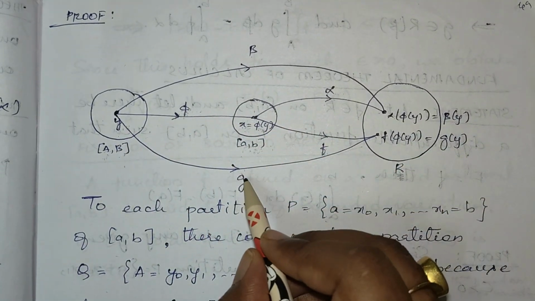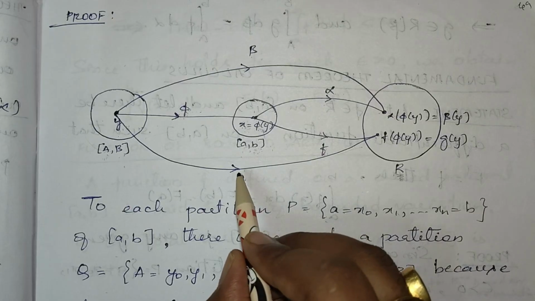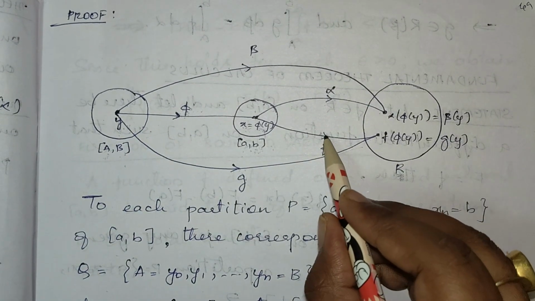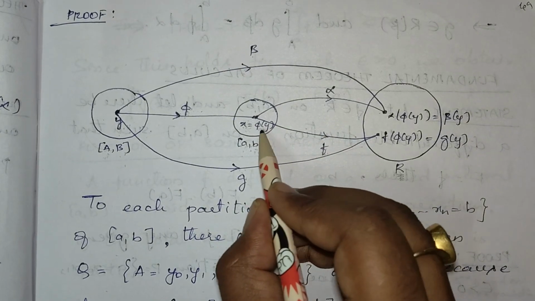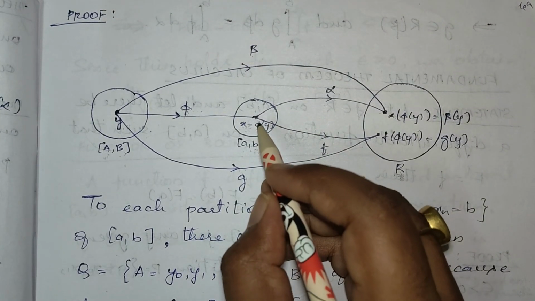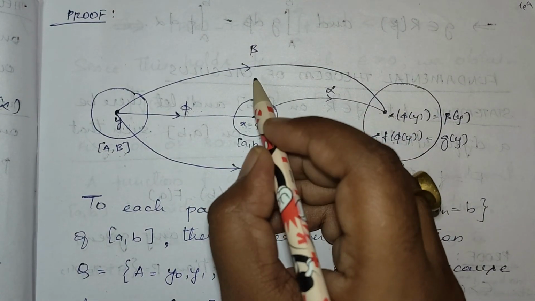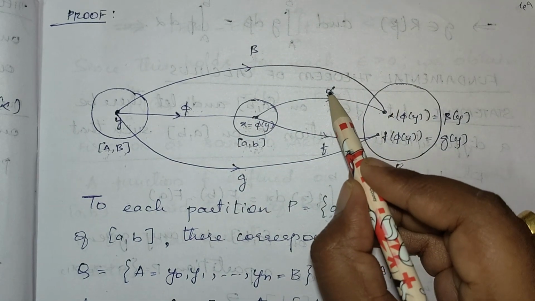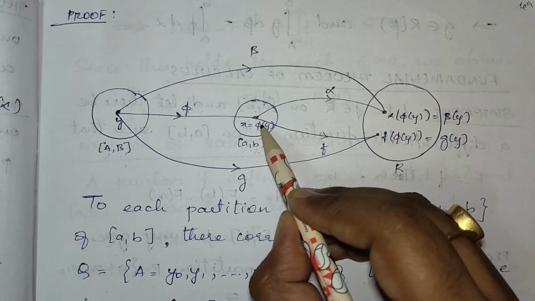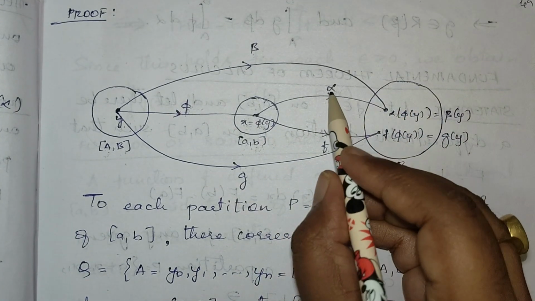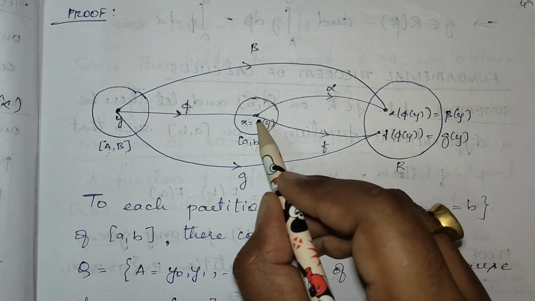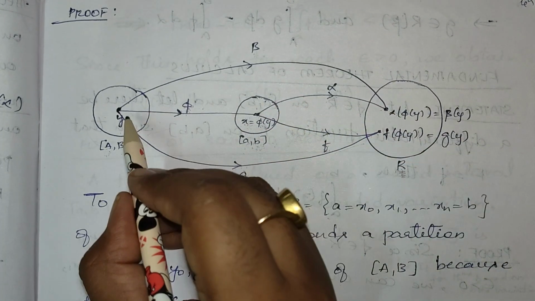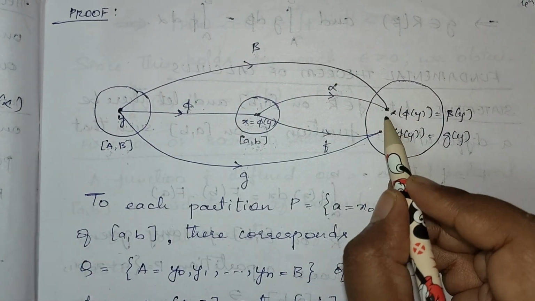And here g of y is defined as f of phi of y. You need to understand this correctly, because if beta of y is equal to alpha of phi of y, then the image of phi of y under alpha will be the same as the image of y under beta.